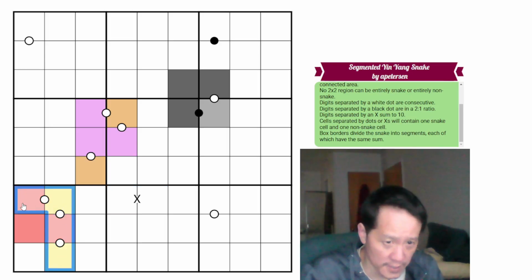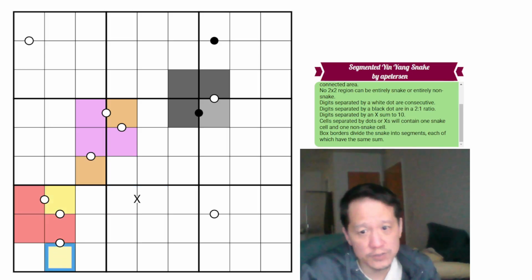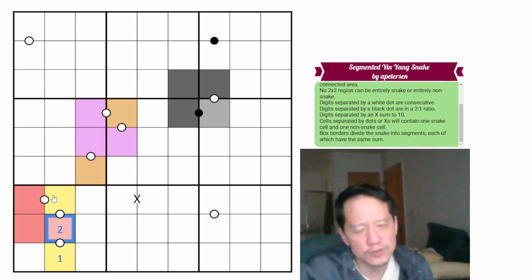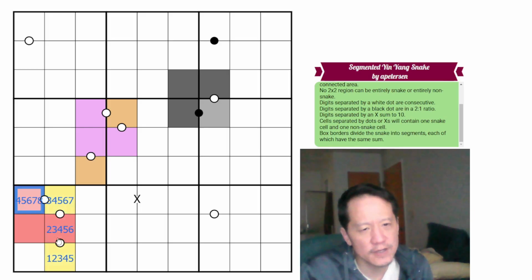This is all consecutive. So it could start from 1, 2, 3, 4. 2, 3, 4, 5, 3, 4, 5, 6, 4, 5, 6, 7, 5, 6, 7, 8, or 6, 7, 8, 9.